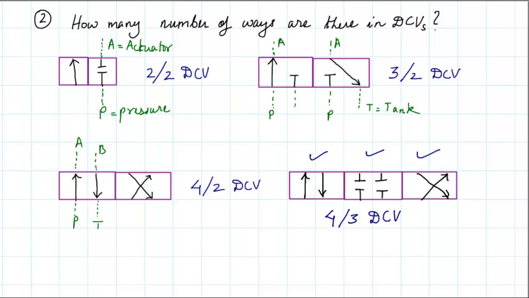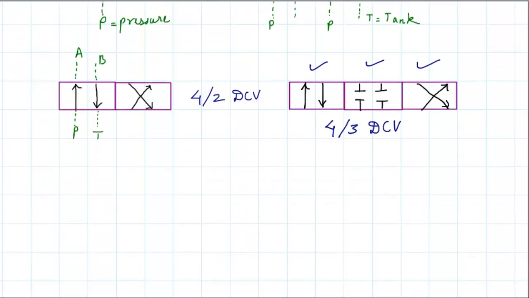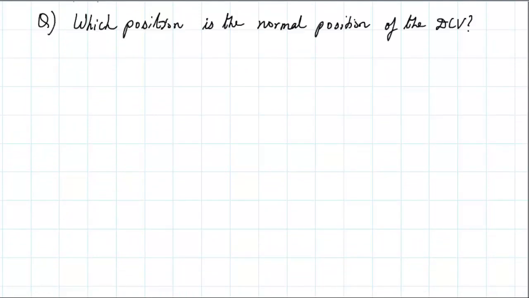Okay, so now you have understood what we mean by the number of ways in a DCV. The next question that we have to take care of is which position is the normal position of the DCV? That means, suppose we have drawn three boxes or two boxes.